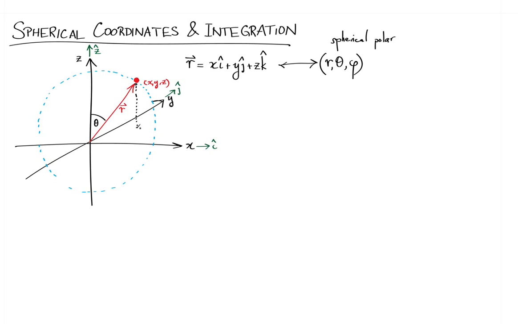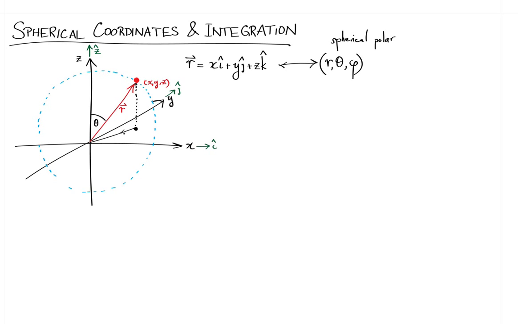And then if we drop this down vertically onto the xy plane, imagine you had a light and you cast the shadow of this point down to the xy plane. So let's say right here in the xy plane. This would be the shadow cast by this vector by the light coming down vertically.